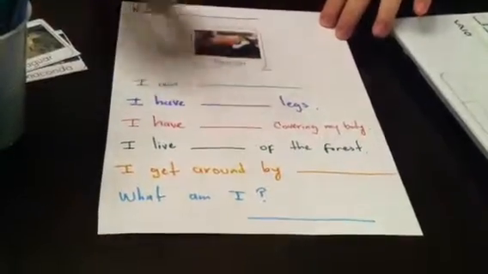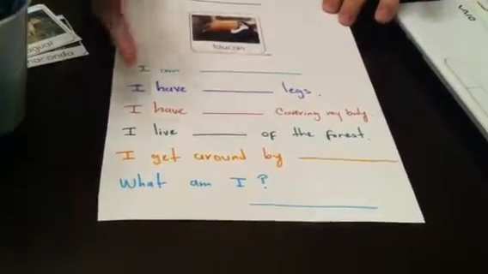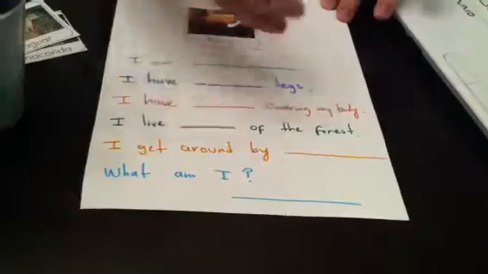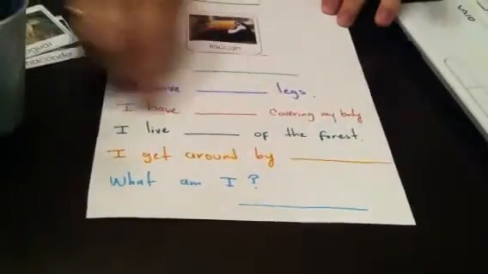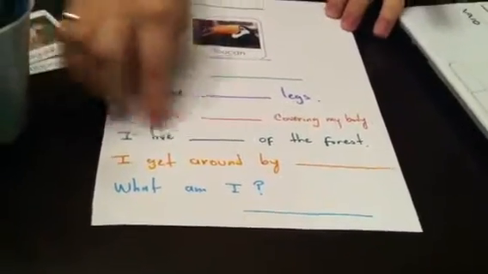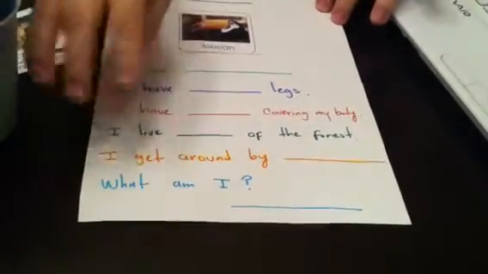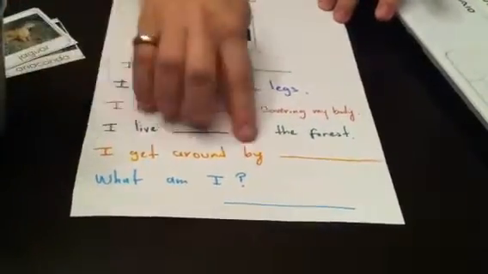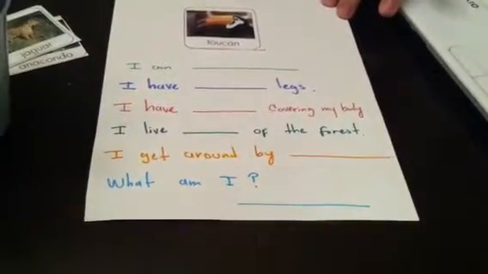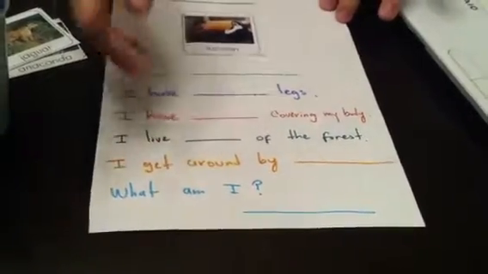I have how many legs this kind of bird has, and body covering, by feathers for example on this one, and what part of the forest do they live in? They live in water or in the trees, and then how do they get around? If they fly, if they walk, if they swim.